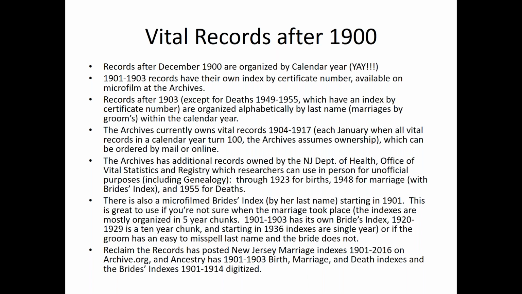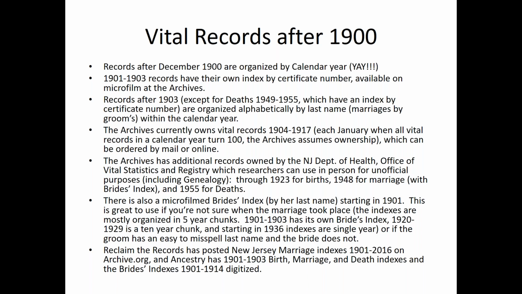As a courtesy to researchers, the Department of Health has very kindly given the archives additional vital records on microfilm, to be used in person only at the state archives.